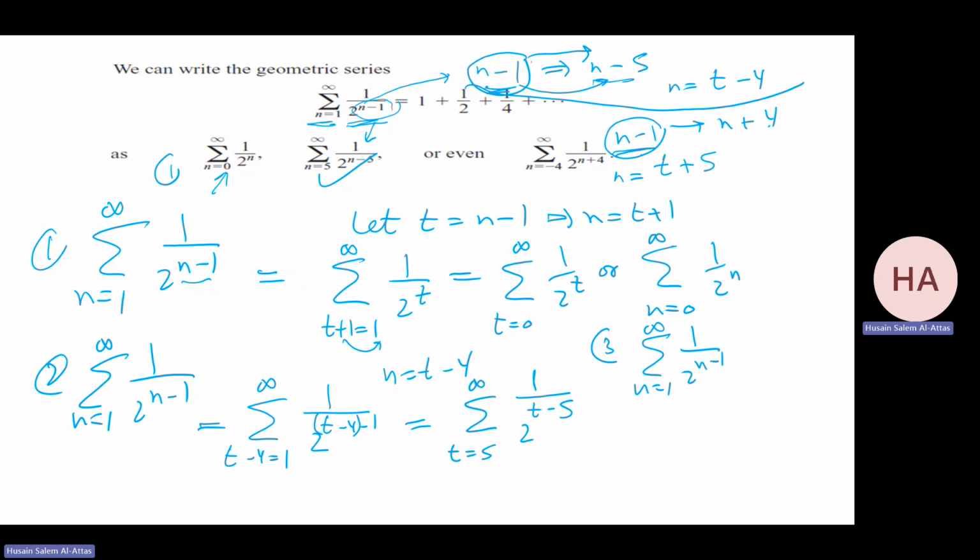I'll change n to t plus 5. That will be t plus 5 equal 1 to infinity, 1 over 2 to the t plus 5 minus 1. That will be summation t starting from minus 4 to infinity, 1 over 2 to the t plus 4, which is this one. Change t now to n. These are just dummy variables. Hopefully it's clear.